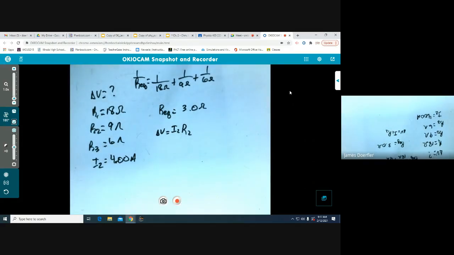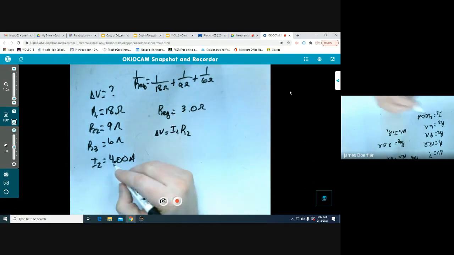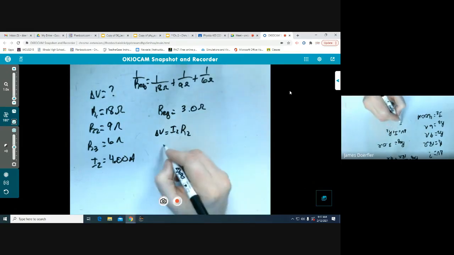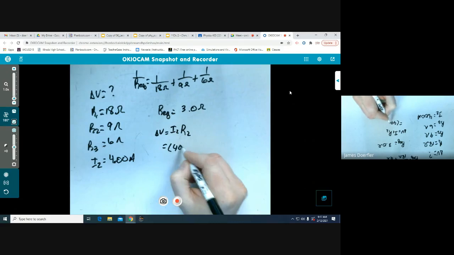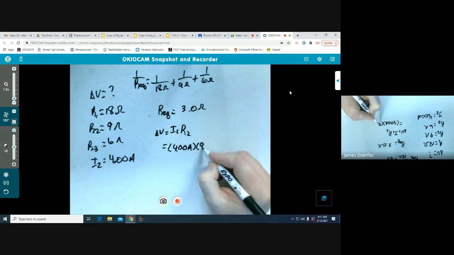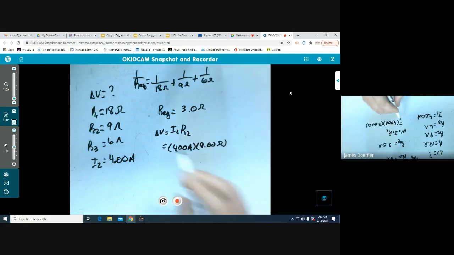It says a current of 4 amps is in the 9 ohm resistor. So that's why we're using the value for the second resistor. So we got 4 amps for the current. We've got 9 ohms for the resistance. So what is our potential difference? 36 volts.